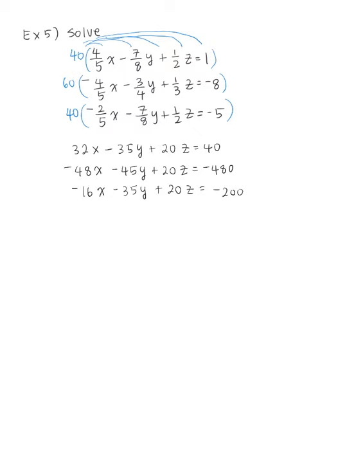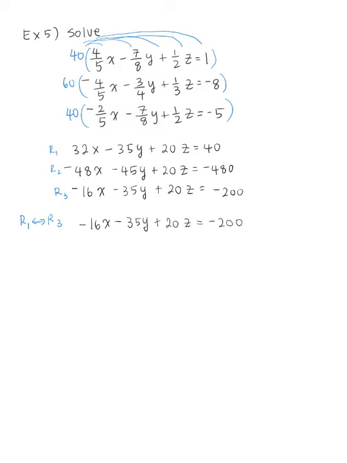All right, so now let's take a look at this. First let me swap row 1 and row 3. So let me call these row 1, row 2, row 3. Let me swap row 1 and row 3. You'll see why in a minute. If I do that, then I'm going to rewrite this as negative 16x minus 35y plus 20z equals negative 200.